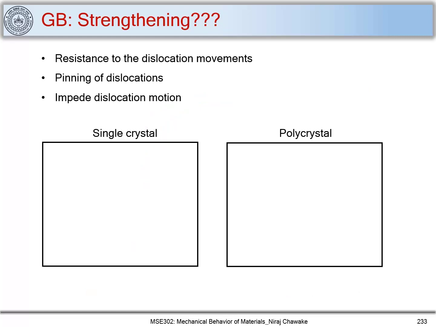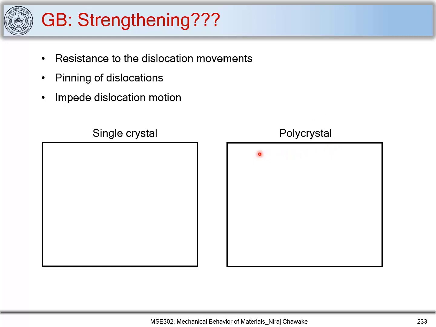Let's understand this in terms of dislocation movement. When we talked about dislocations, we said that anything which stops dislocations, or impedes the dislocation motion, such a mechanism will increase the strength. Now let's look at how dislocation movement occurs in a single crystal and in a polycrystalline material.